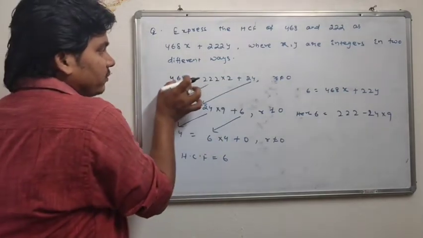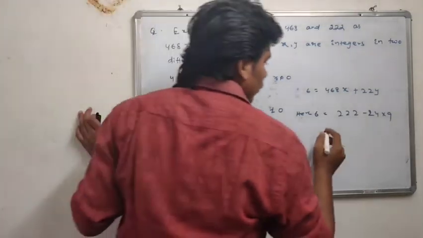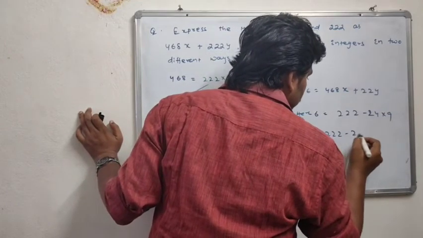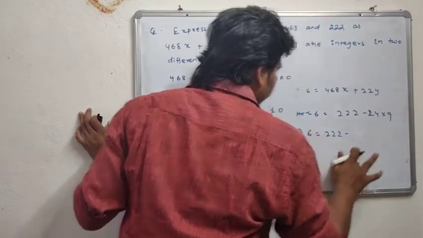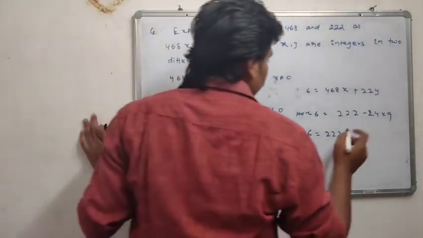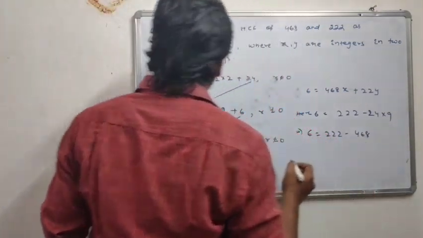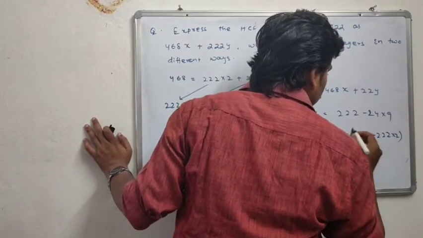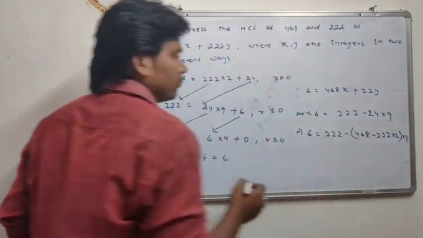This term will go to the left of the term. Then this will be 222 minus, sorry, 222 minus 468 minus 222 into 2, into 9.